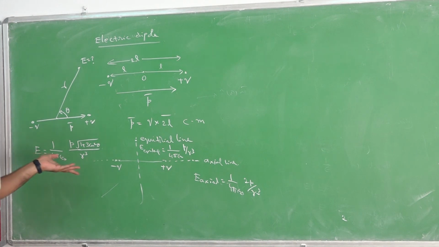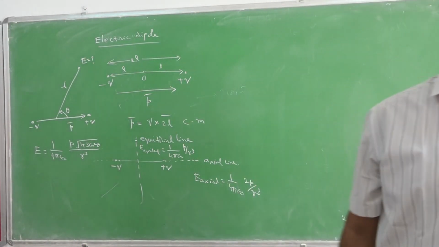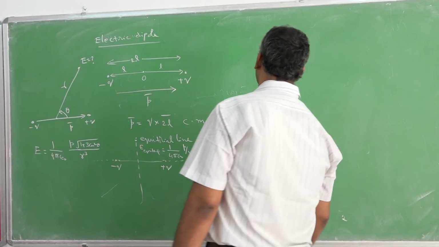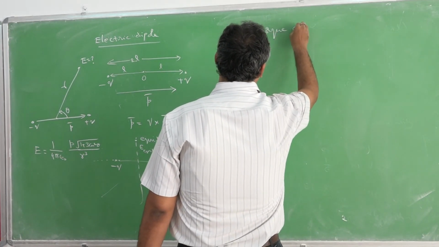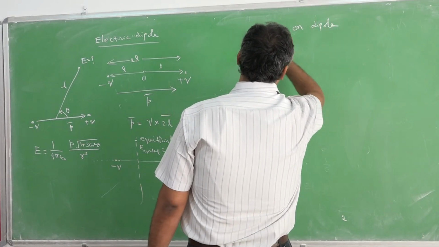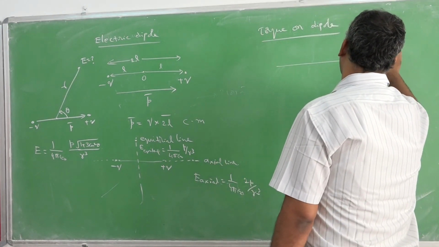If you know the electric field, you can calculate electric potential by using the relationship between E and V: E is equal to minus dV by dr. Here one general question every time is the torque on the dipole. Suppose some electric field is available like this, E bar.